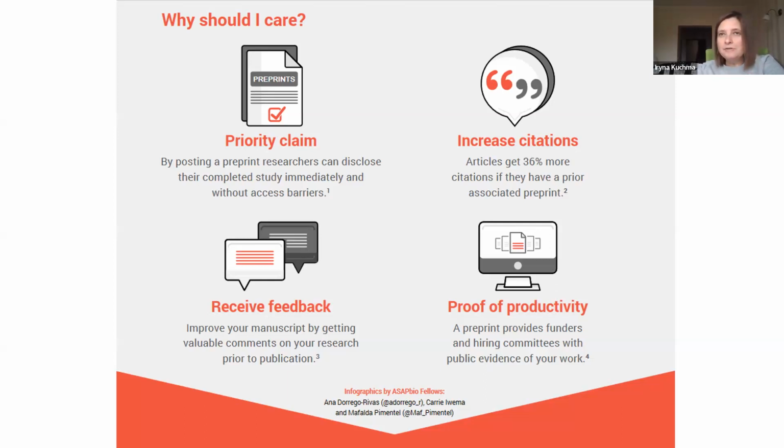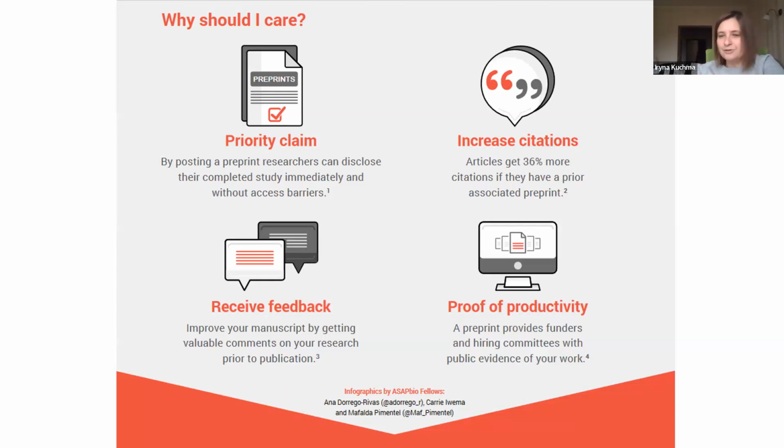And in some areas, for example, in high energy physics, where they have had arXiv for over 20 years, it's very common to cite papers from arXiv even before they are published in a journal, because researchers in high energy physics and also other areas that use arXiv can't wait for years until an article is published.